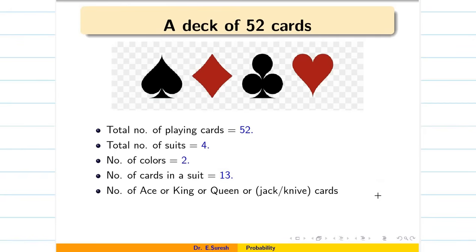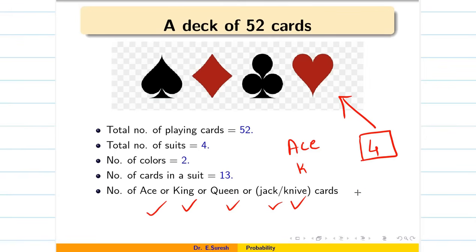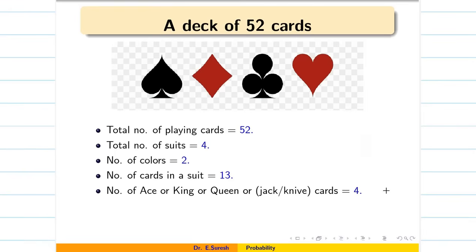In these cards we have ace, king, queen, and sometimes people say knave or jack. So we have 4 such cards in each suit, and in total 16 cards in the deck.